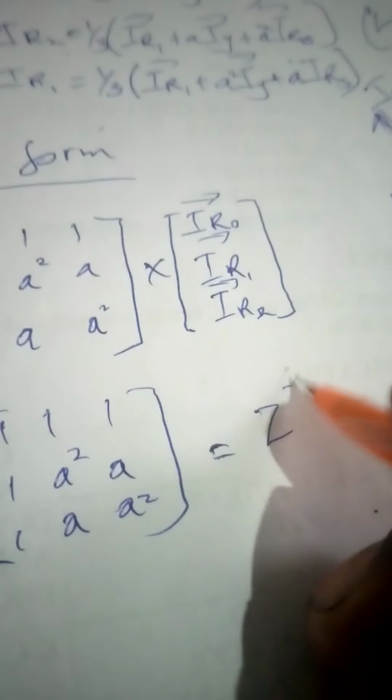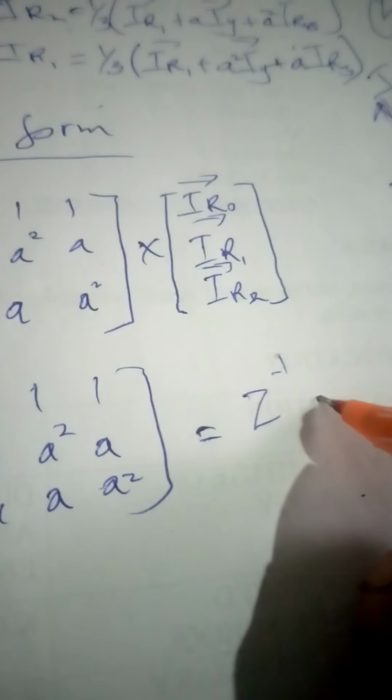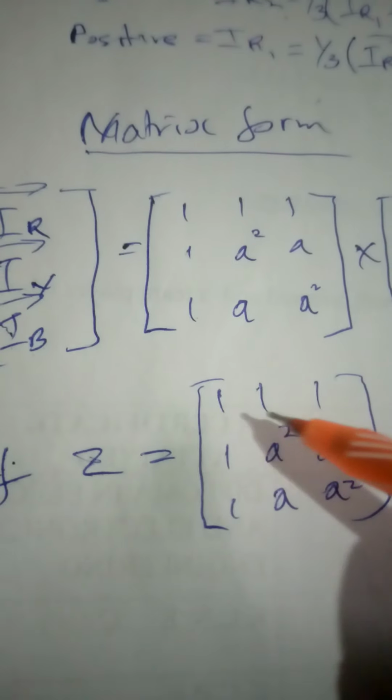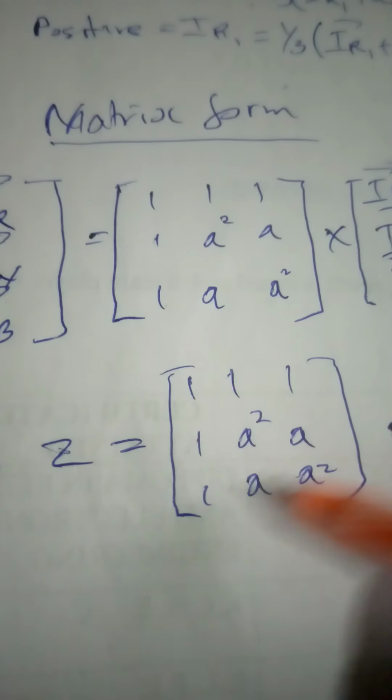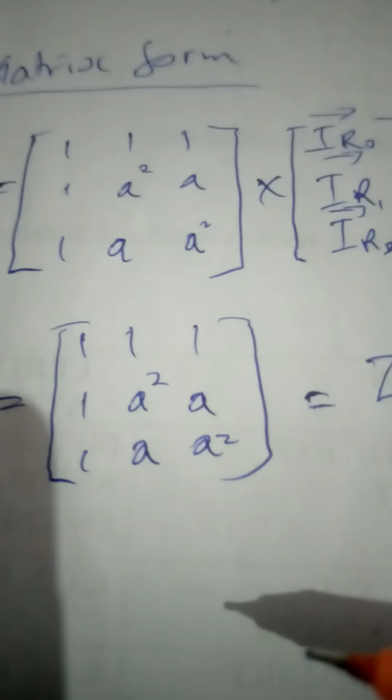If Z is that, then Z inverse, we interchange, should be equals to a third. You see here, this is a row. So we change row to become our column. And if we change a row to become our column, we do this.